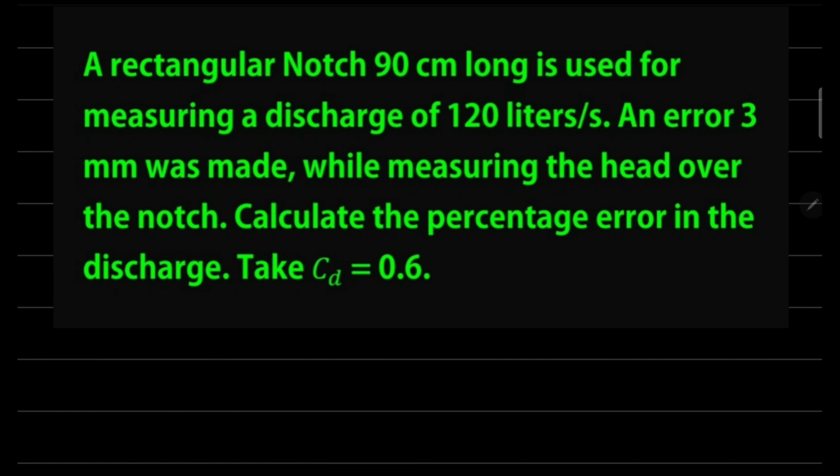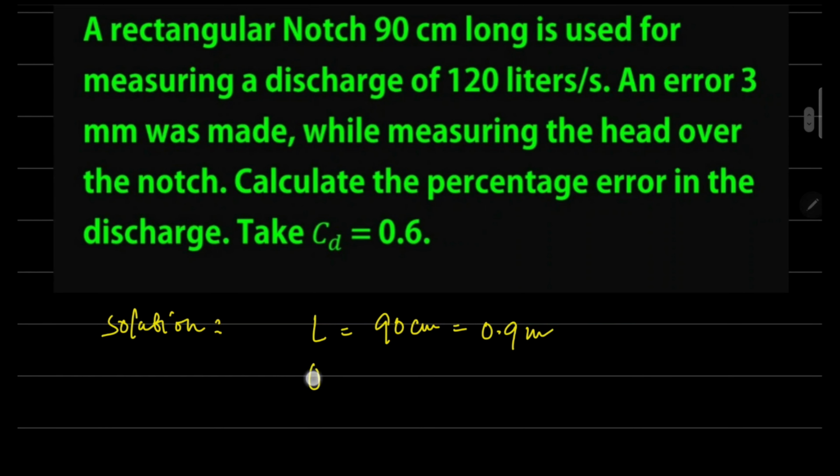So if we start with the solution, the L value, or the length of the notch, is given as 90 centimeter, that is 0.9 meters, and Q is given to us as 120 liters per second, that is 0.12 meter cube per second.